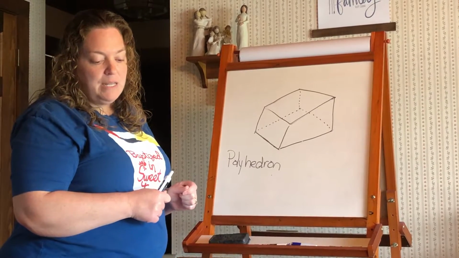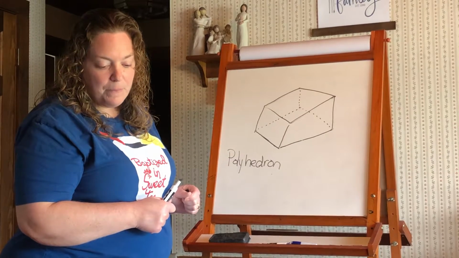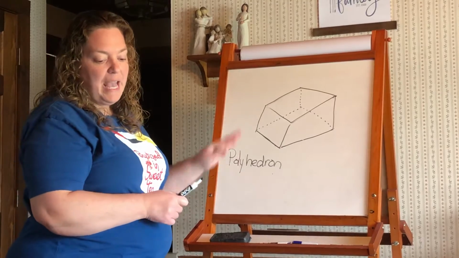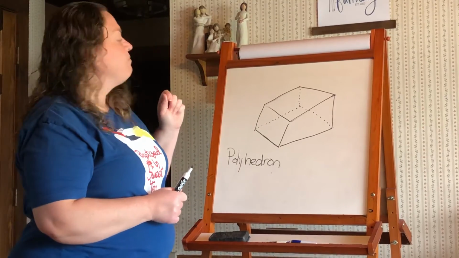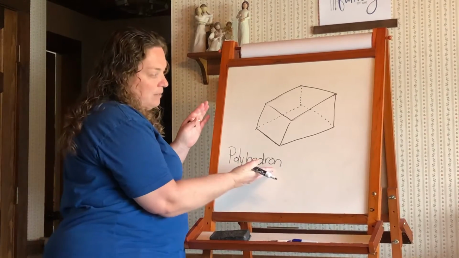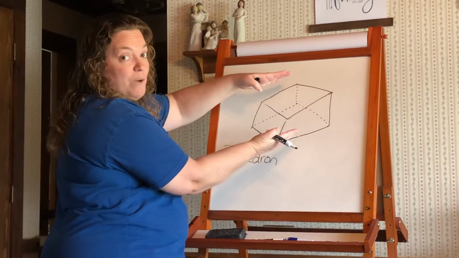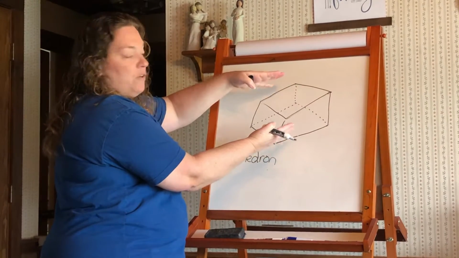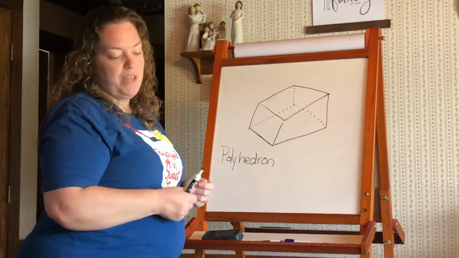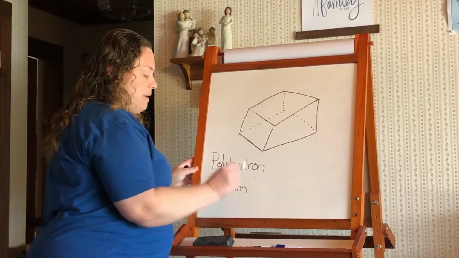Okay, next, this is also called a prism. A prism is a polyhedron where the 2 opposite faces are congruent and parallel. They're equal in size and shape, and they're parallel to each other. So this is also called a prism.